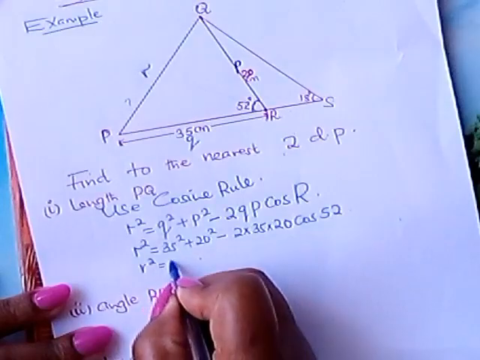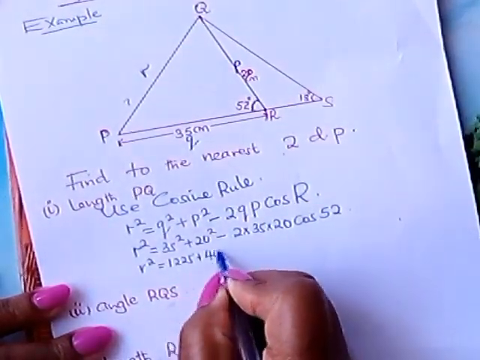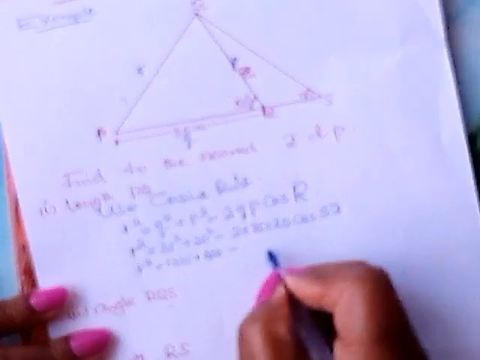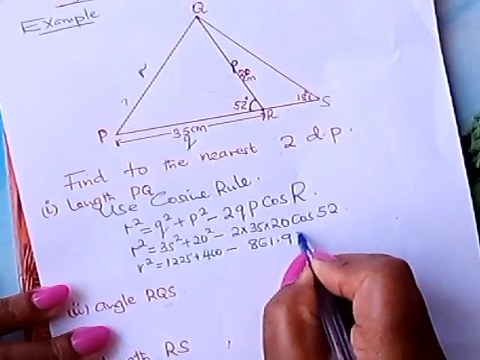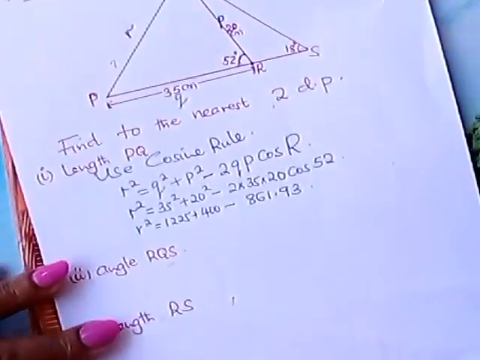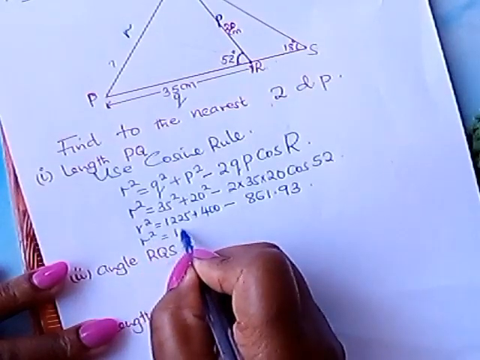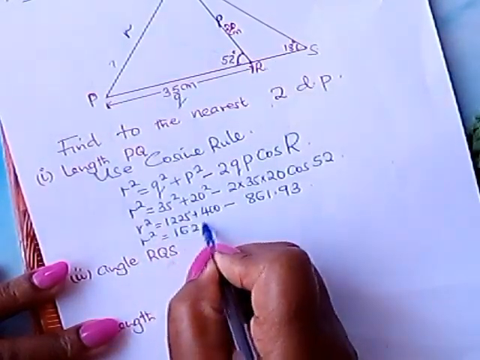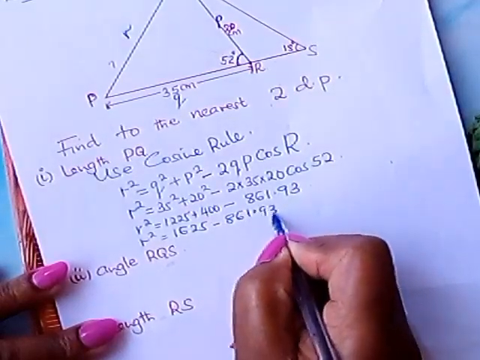Therefore r squared is equal to 1225 plus 400 minus, you work out all this, you get 861.93, to the nearest two decimal places. So r squared is equal to 1625 minus 861.93.